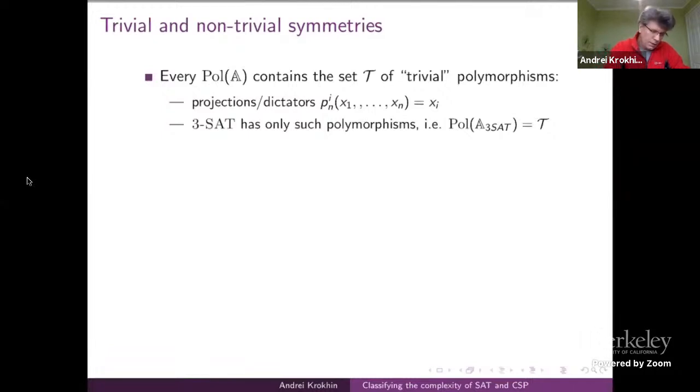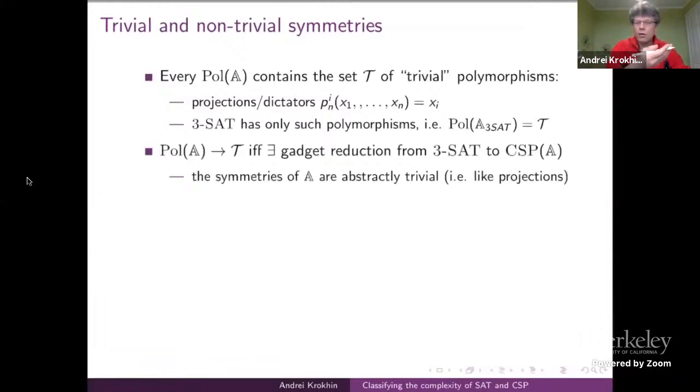Now, if we go back to the previous slide and look at this condition, that Pol A has some kind of homomorphism to this set of trivial functions, then this exists if and only if there is a gadget reduction going the other way from 3-SAT, which is the CSP corresponding to this, to CSP of A. So this happens if and only if we have a gadget reduction from 3-SAT to our CSP.